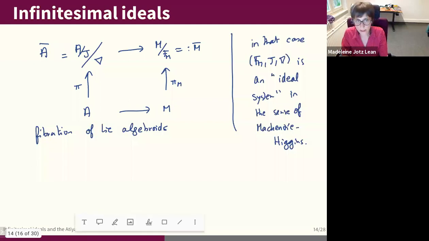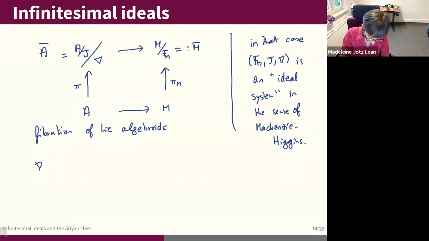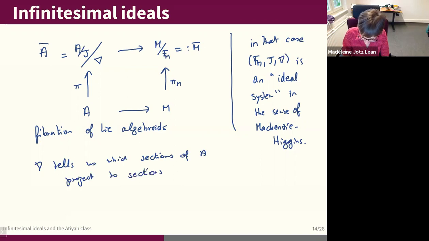The connection really tells us which sections of A project to a section of the quotient, to sections of A bar. And even so as before, even if this quotient doesn't exist, you should think about this connection in this triple as singling out special sections that want to be projected.